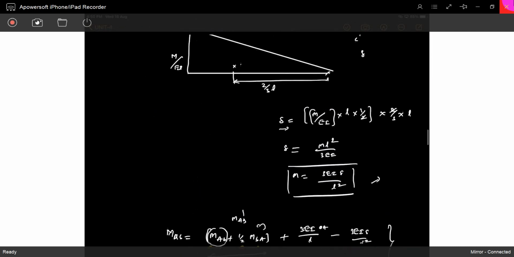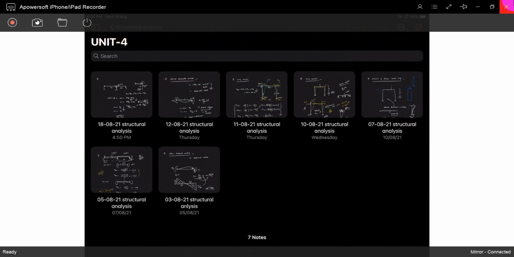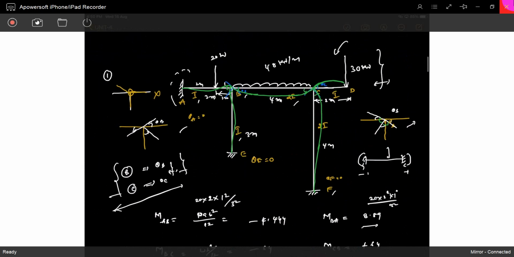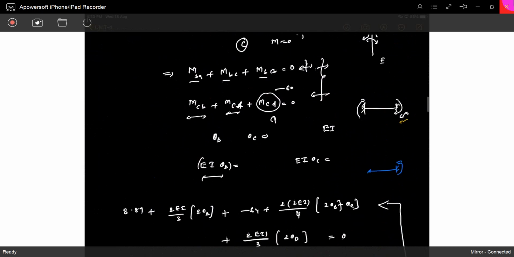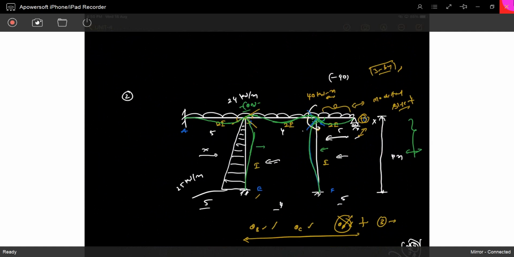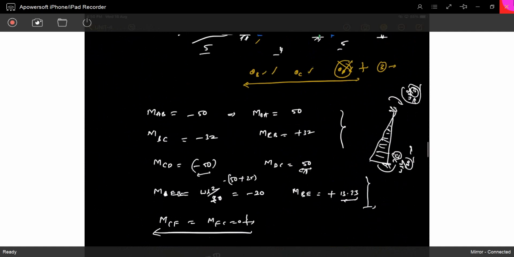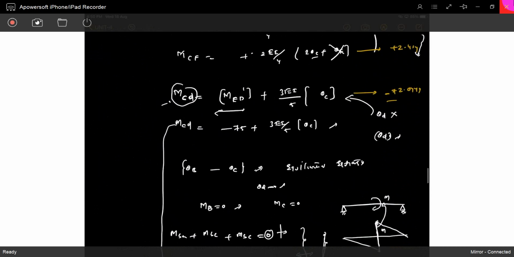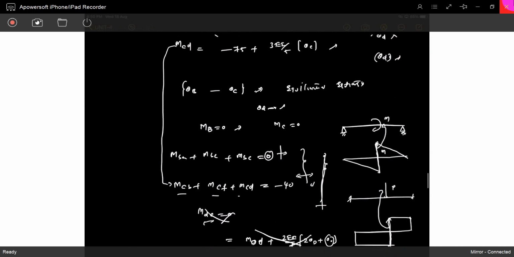In the frames example, the concentrated moment is 40 kilonewtons. What we discussed was the joint equilibrium equation: MCB plus MCF plus MCD is equal to minus 40. This is a joint equilibrium equation.